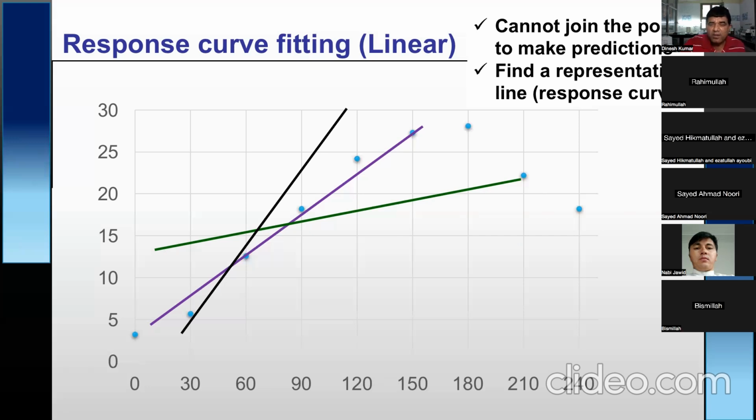But which line is the best fit? How to decide that this particular line will be the best fit or will represent this data the best?